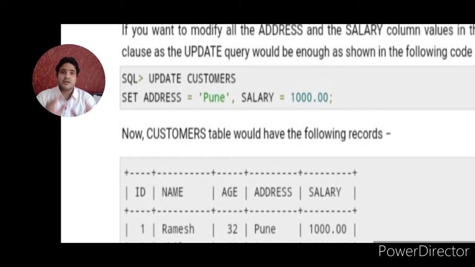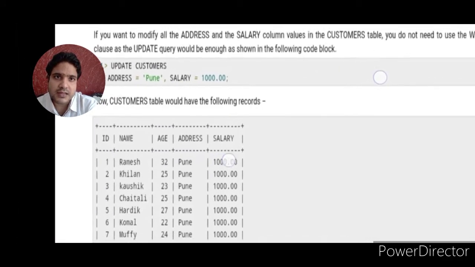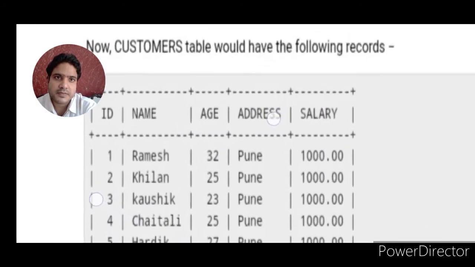It means all values of address in the 7 tuples will become Pune, and all values of salary in all tuples will become 1000. So the output will be like here.